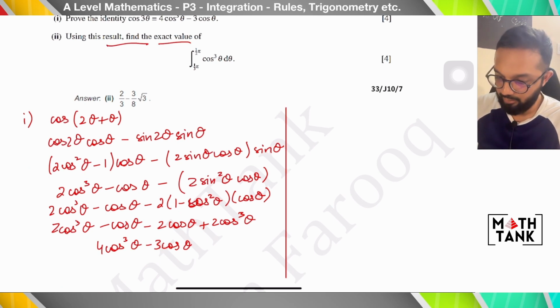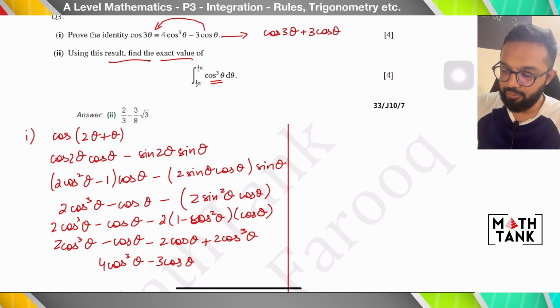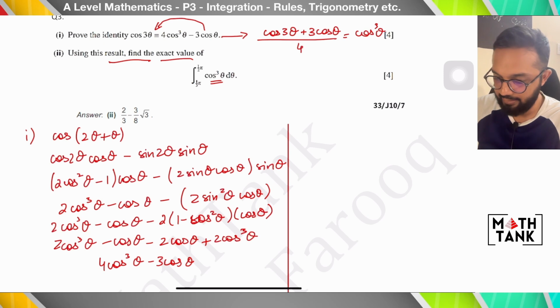So I am going to use this result. Now I know that I cannot integrate cos cube theta, which means that I must replace it with something. The only way of doing this is to take this to the other side and say that this identity can have a different form, and say that cos cube theta can be replaced with this cos 3 theta plus 3 cos theta over 4.